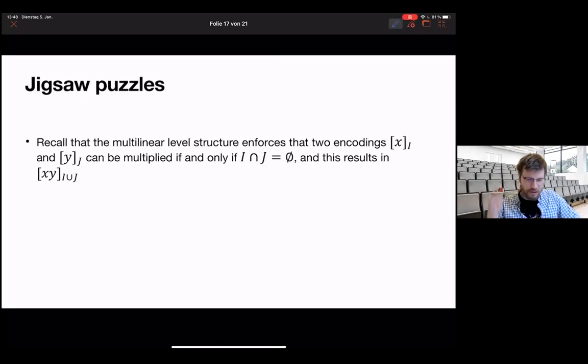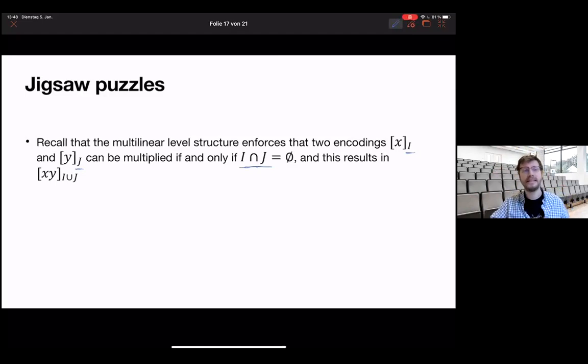We first recall that the multilinear level structure of our multilinear map enforces that two encodings, x at level I and y at level J, can be multiplied if and only if I intersect J is the empty set, if I and J are disjoint.